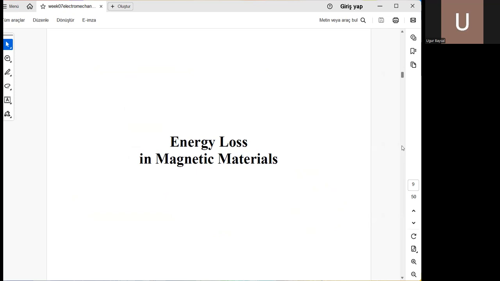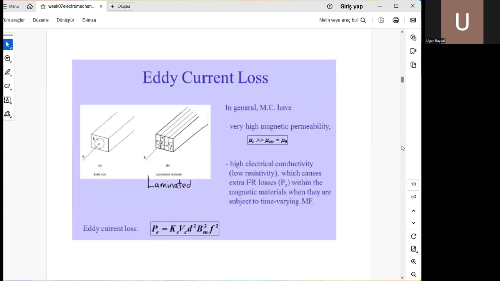Before dealing with the general energy equations, we have to keep in mind that in the first case we assumed idealistic conditions where there is no loss, mu is infinite, etc. But in real life, energy is lost in all physical systems. So what kind of losses do we have in magnetic materials? One of them is eddy current loss.